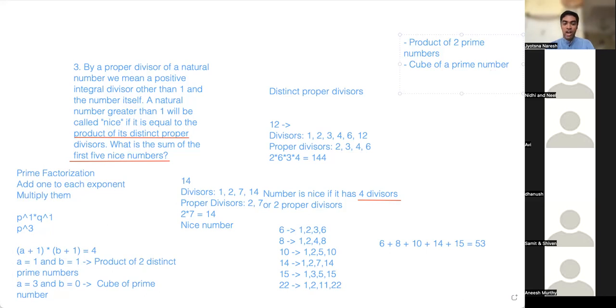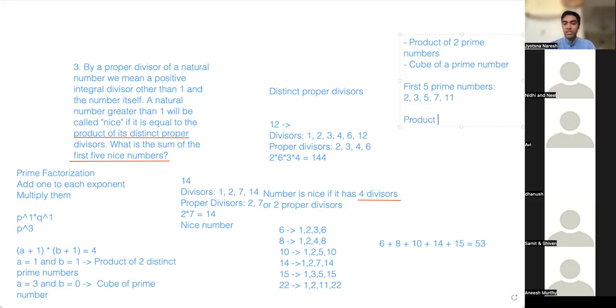Or let's limit it to 5. What are the first 5 prime numbers? 2, 3, 5, 7, and 11. Good. Okay, so now we know it's in these 2 patterns, right?